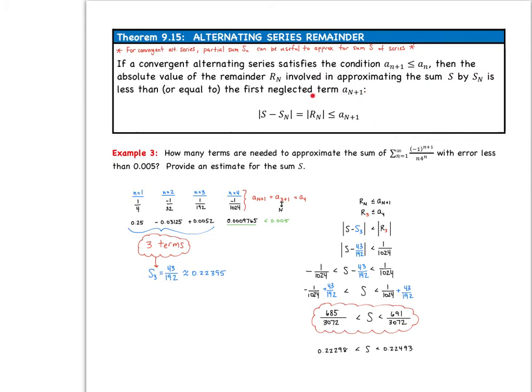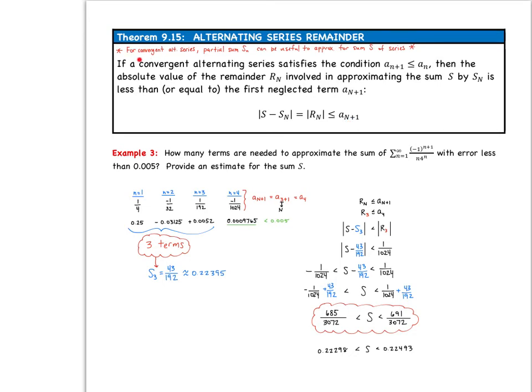So we have this formula here. The absolute value of the overall sum minus the partial sum is equal to the absolute value of that remainder, which is going to be less than the value of that so-called term, that next term.